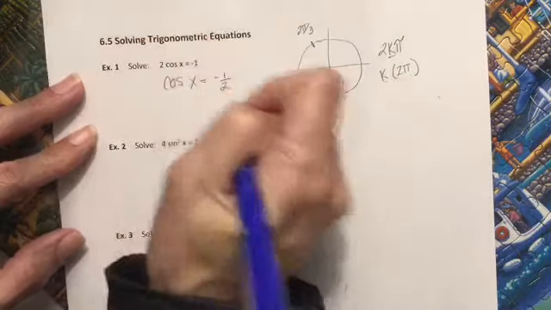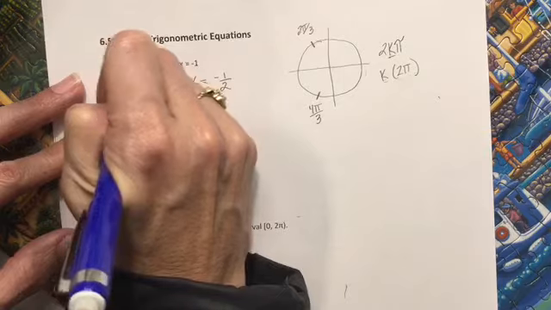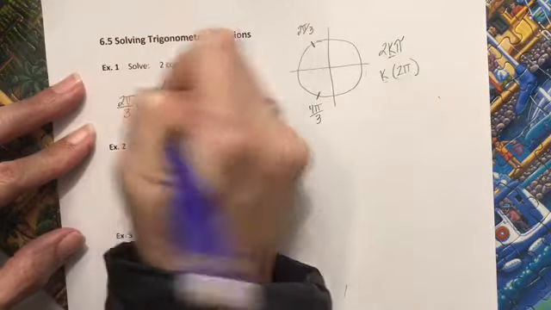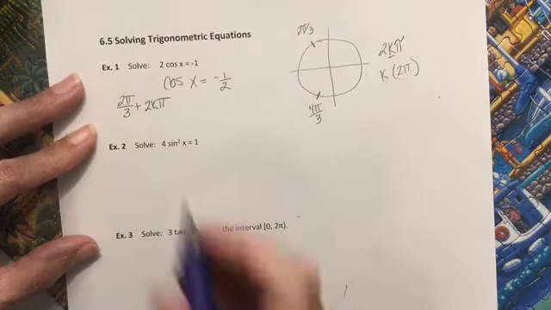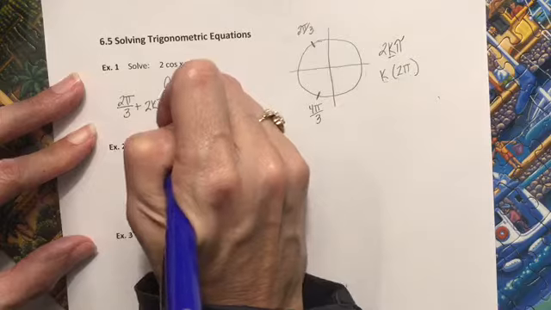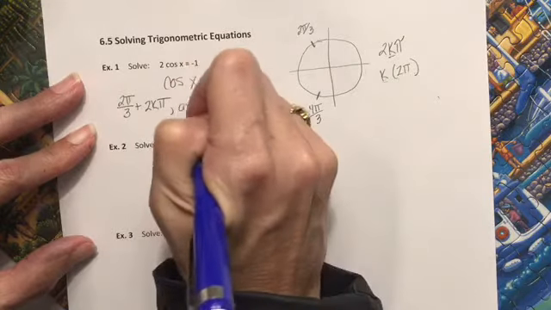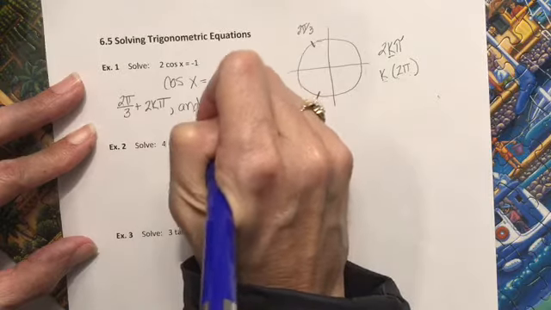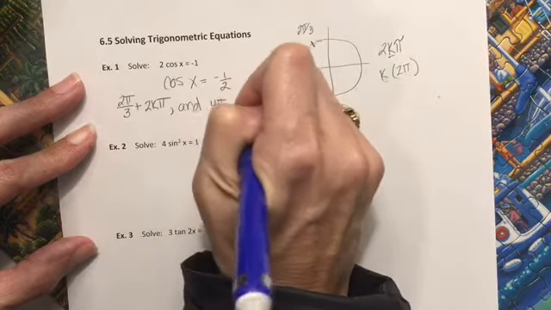The cosine is -1/2 at 2 pi over 3 plus 2k pi. All right, so that's talking about this angle. And then we're going to say "and," it's also at 4 pi over 3 plus 2k pi.